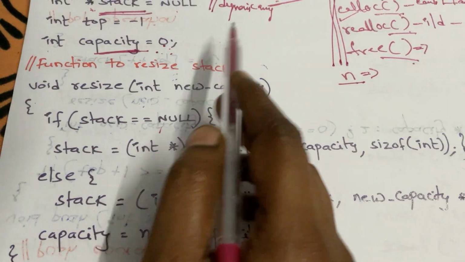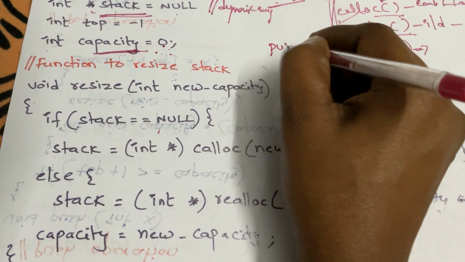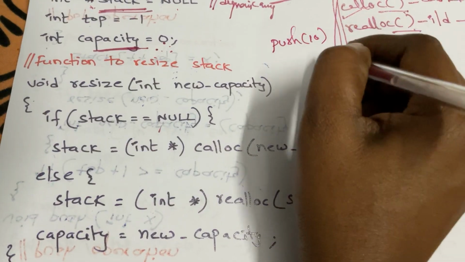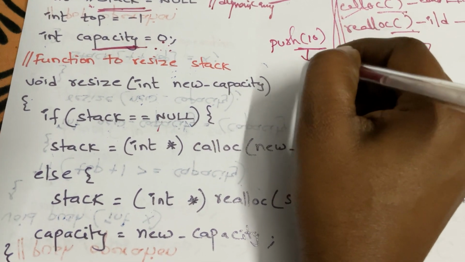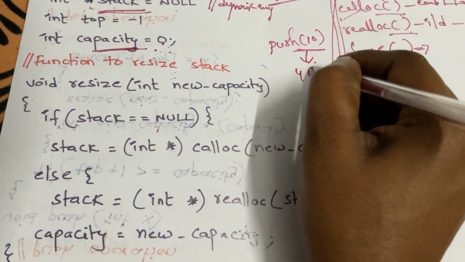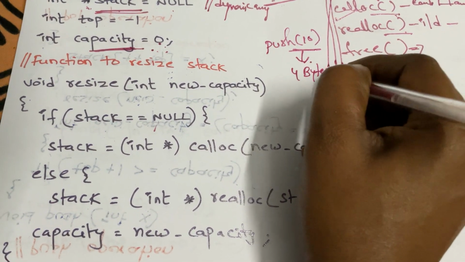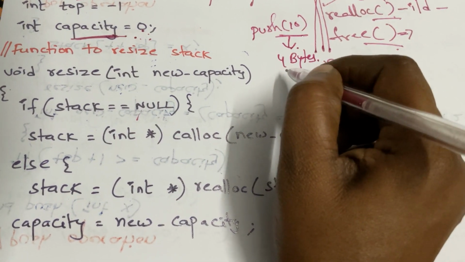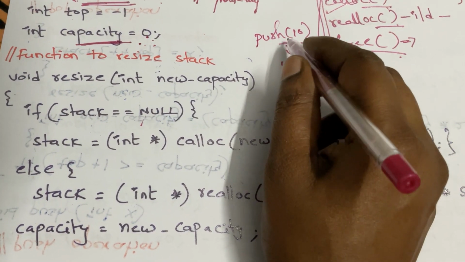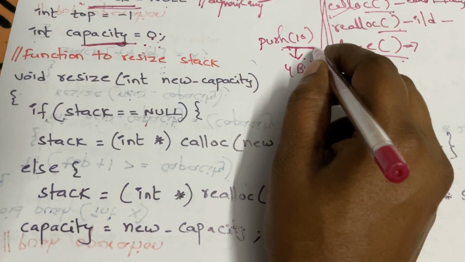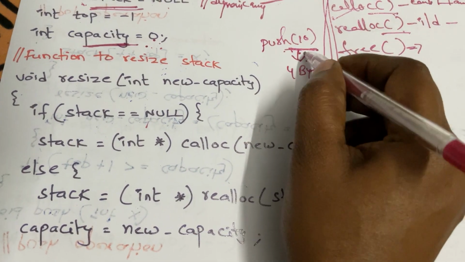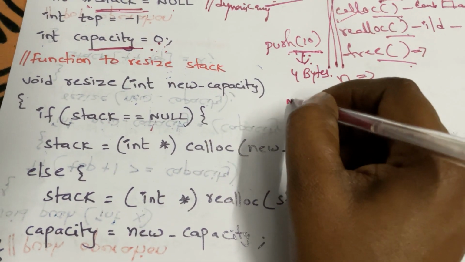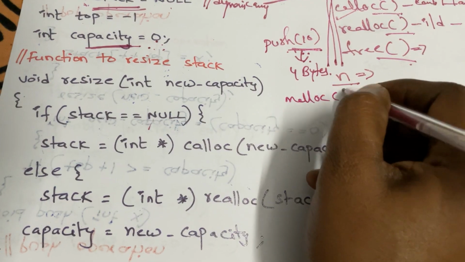When I want to push only a single element, how much memory do I require? Only one integer of memory, that means only 4 bytes. So when I want to create memory for a single integer value, I will use malloc.